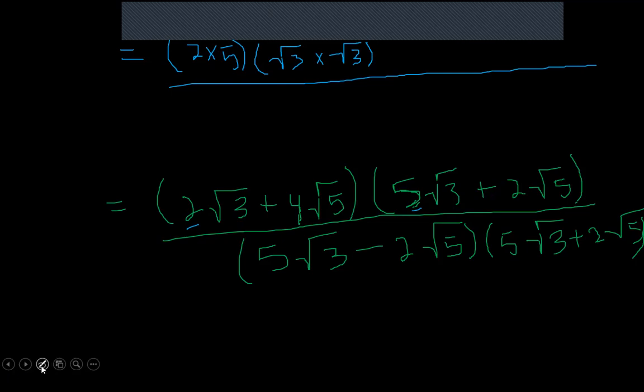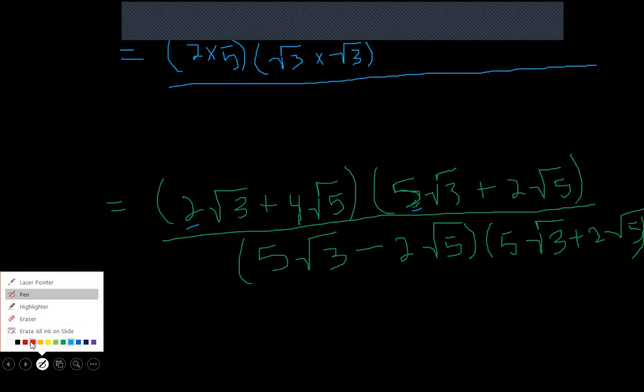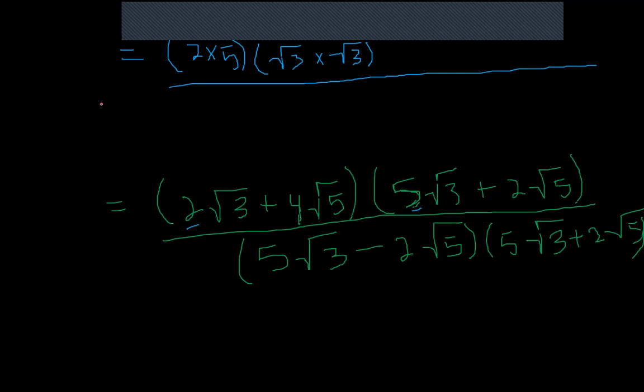Remember, the rule is, for multiplication, the square root of A times the square root of B is equal to the square root of A times B. Right, so just remember that. I'm just going to erase it. I'll write it over just now.